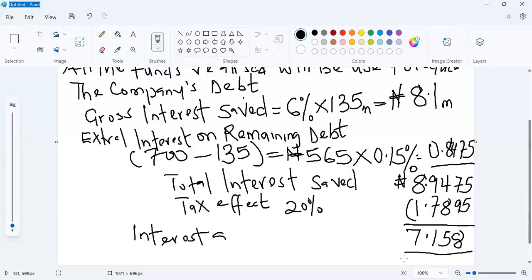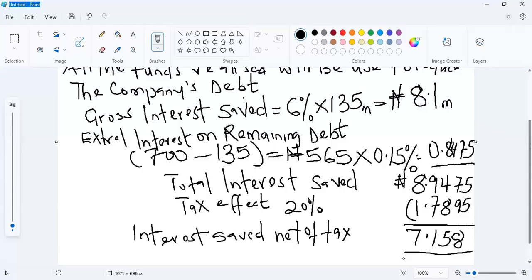Interest saved net of tax. Your profit will increase by this amount. This will affect your profits. By saving interest, profit will increase.